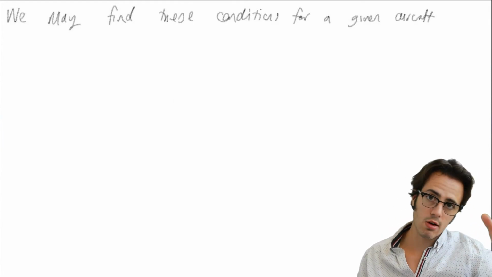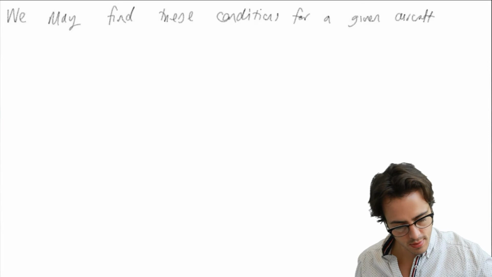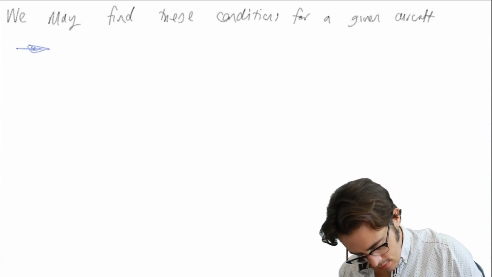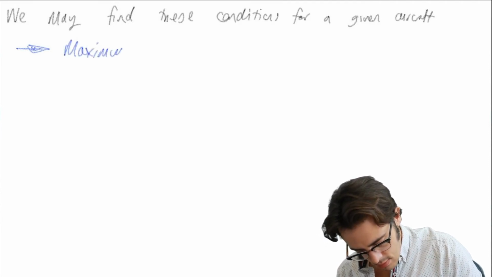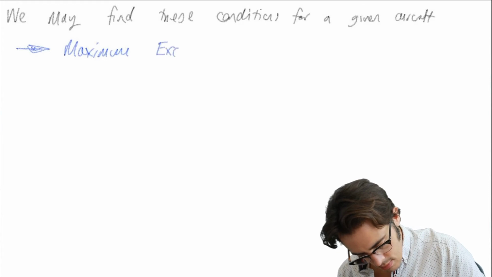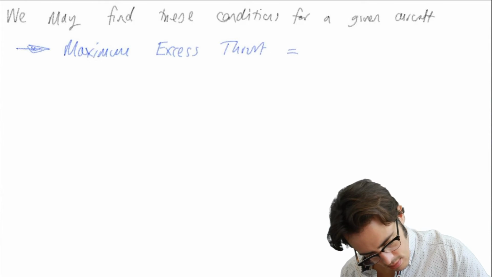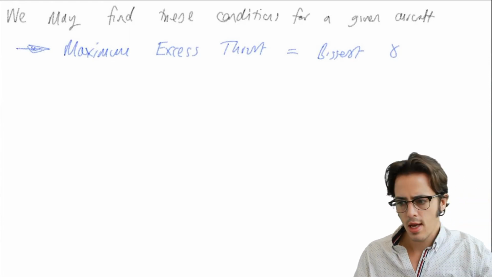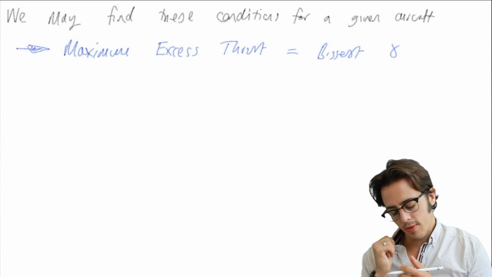And again, we're going to break aircraft down into power engines and thrust engines. So remember, the maximum excess thrust is going to give us the largest value of the climb angle.